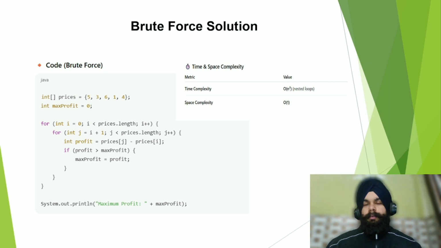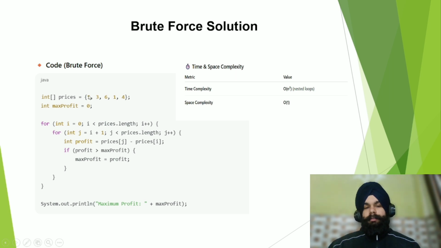In the code portion, we are going to discuss the brute force and optimized solutions. In brute force, we have taken an int array for prices, and these are the values 5, 3, 6, 1, and 4. We have initialized a max profit of type integer. In the very first loop, we iterate until prices.length.